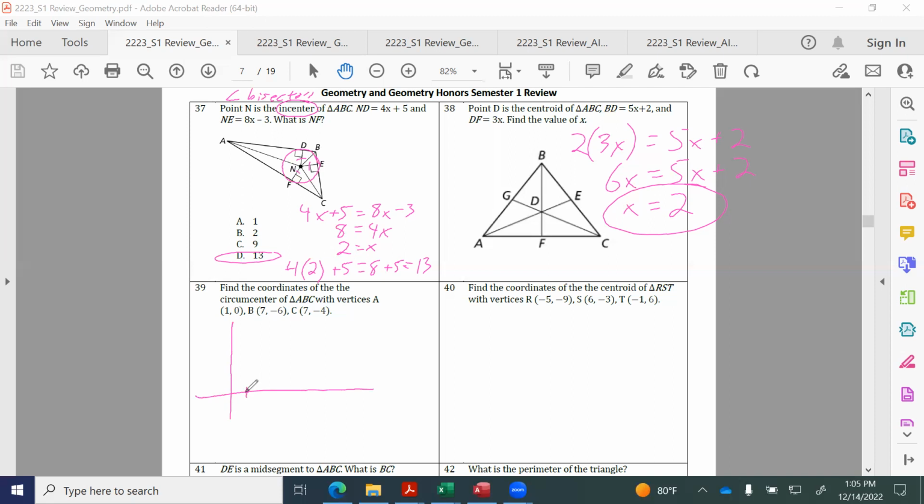We have a point at 7, negative 6. 1, 2, 3, 4, 5, 6, 7. 1, 2, 3, 4, 5, 6. And then we have a point.